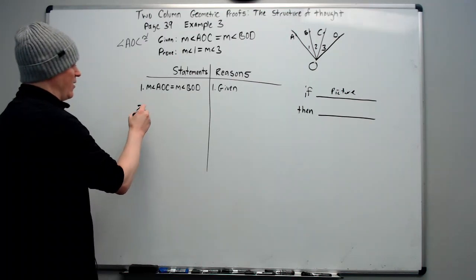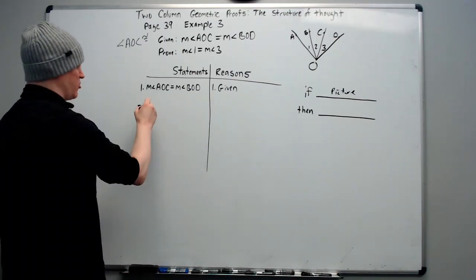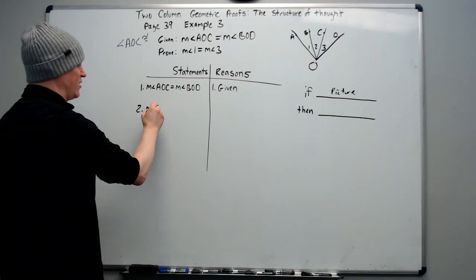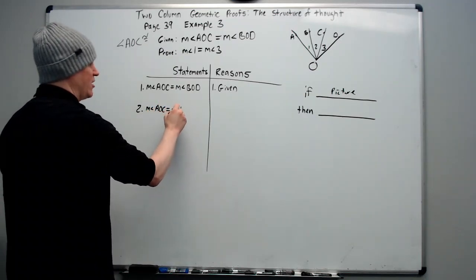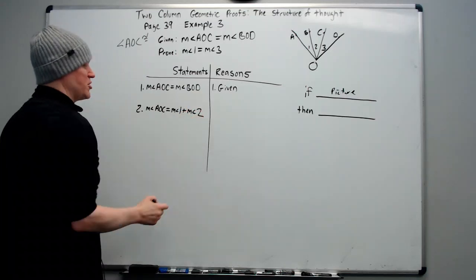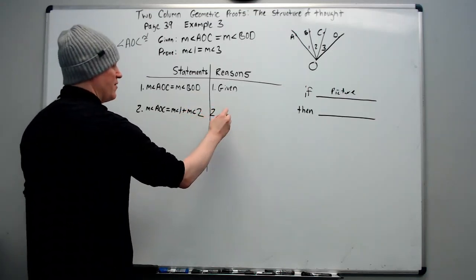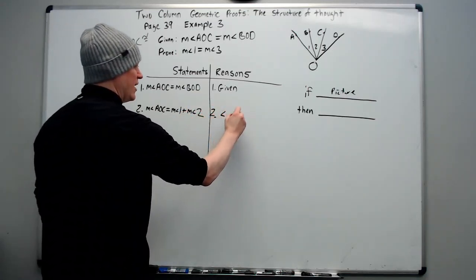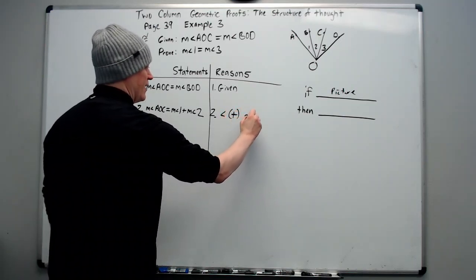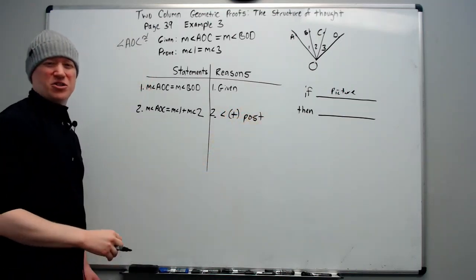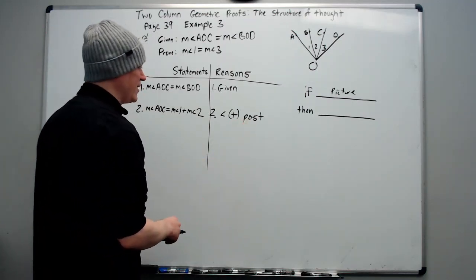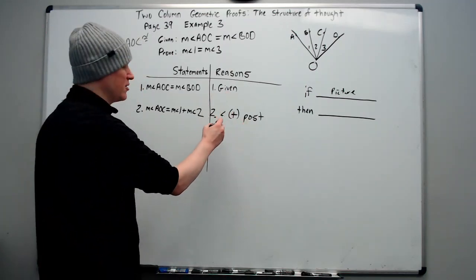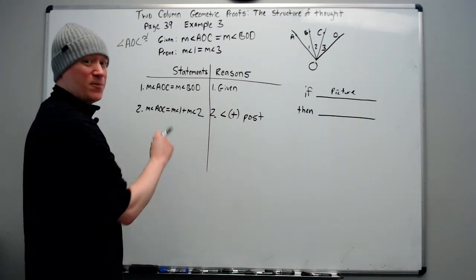And so we're going to say, basically, if the picture is true, then the measure of angle AOC is equal to the measure of angle 1 plus the measure of angle 2. And the reason is angle addition postulate. Different teachers have different shortcuts that you can write. This one was acceptable for some teachers around here. Maybe you have to write the word angle or something like that, or AAP.